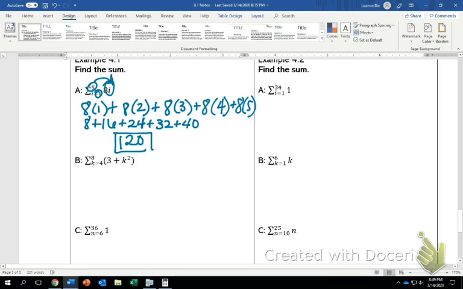Okay? The example below that is the same idea, but notice how instead of starting at 1 this time, we're actually starting at 4. And that's going to happen sometimes, so that's okay. It's not a huge deal.